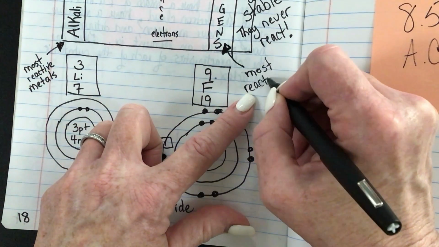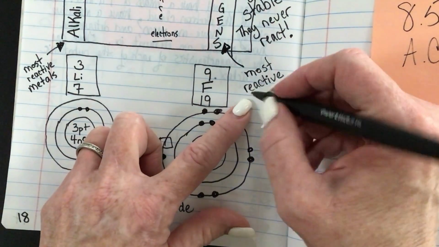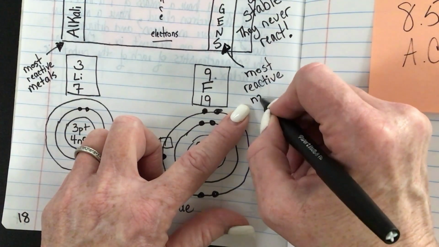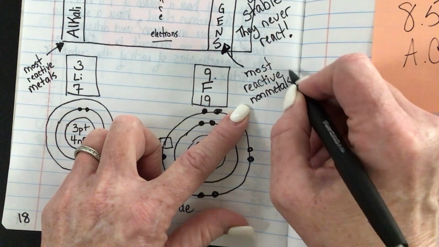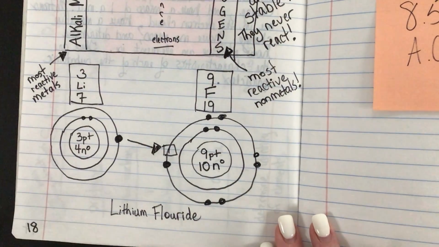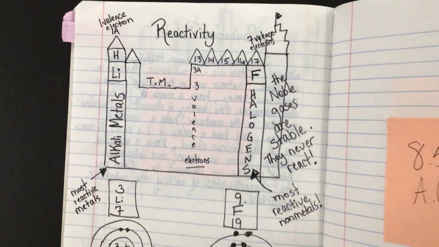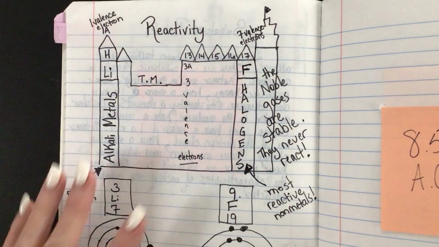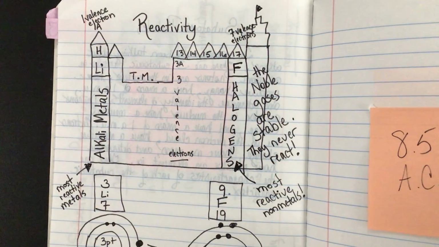What's lithium fluoride used for? That would be something we would look up on Google. And that, my friends, is how the elements bond to become more like the noble gases. Thank you, second period.